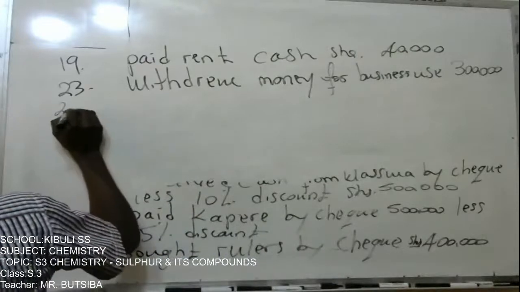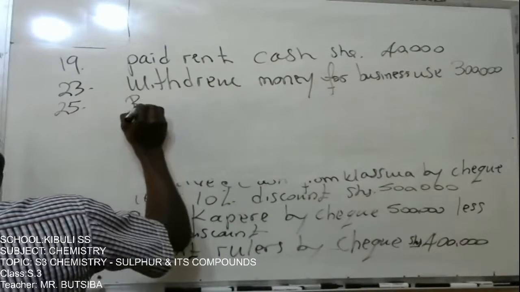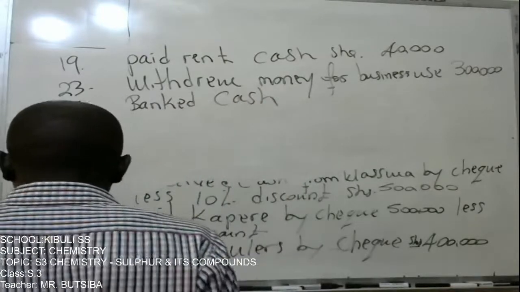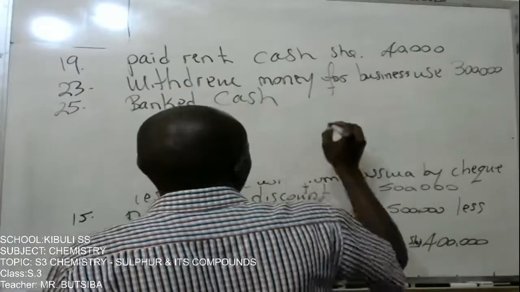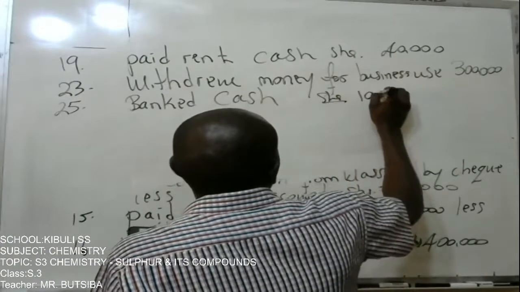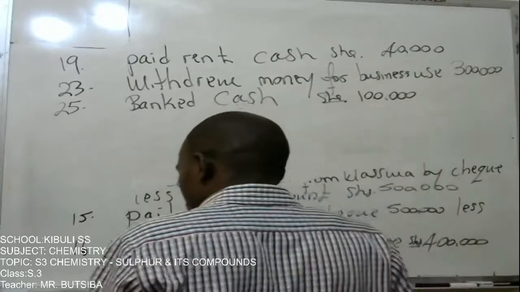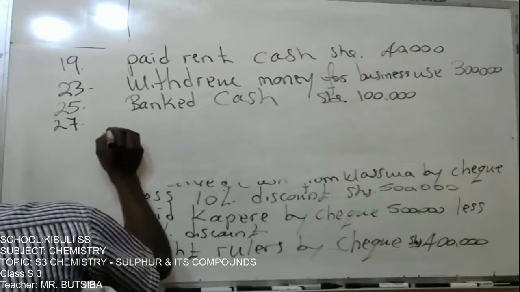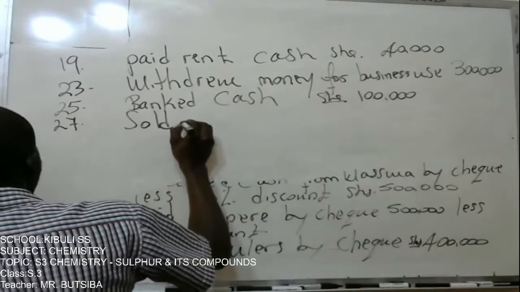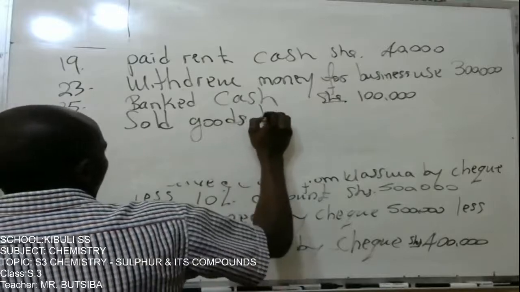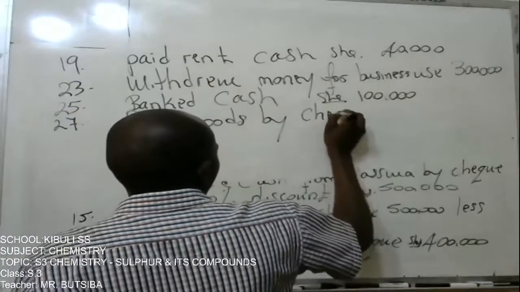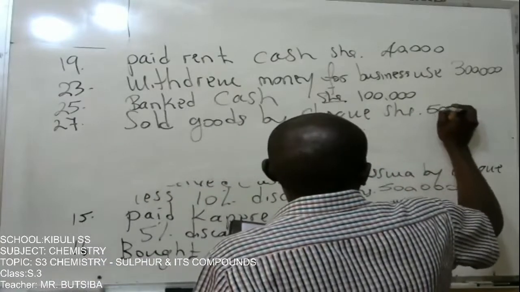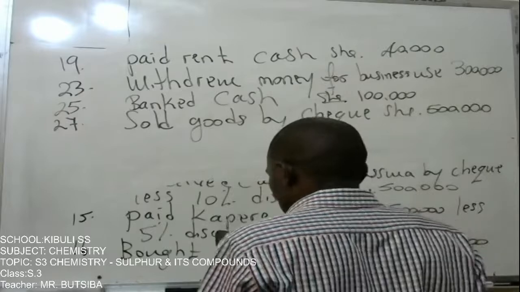Then on 25th says banked cash, shillings 100,000. And then lastly on 27th says sold goods by check, shillings 500,000.